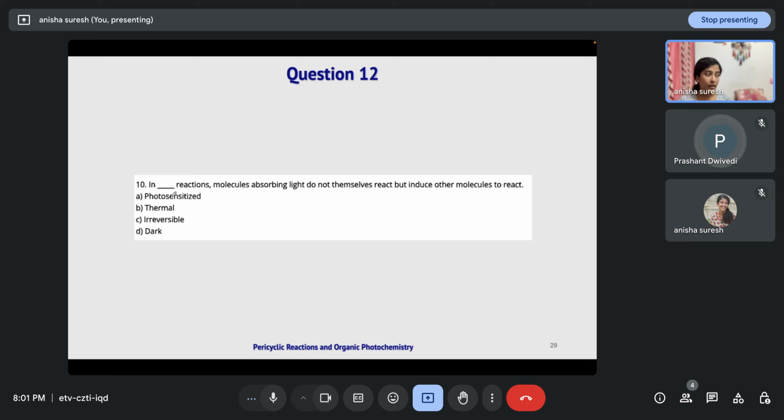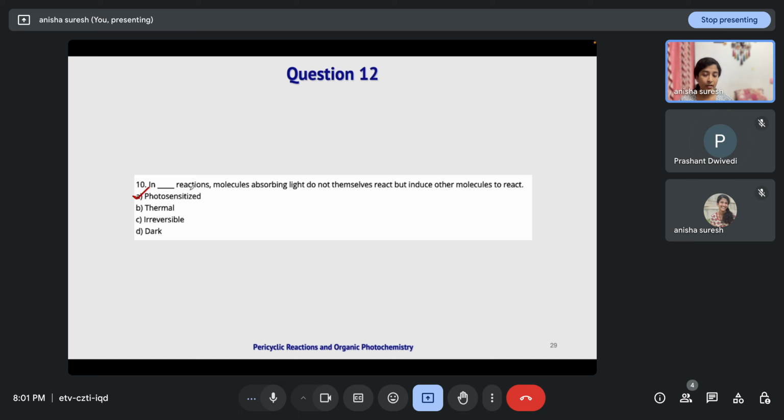They will be absorbing light, going to excited state and giving that energy to the reactant molecules, making the reactant molecules react, and they will be regenerated. So this reaction is a photosensitized reaction.